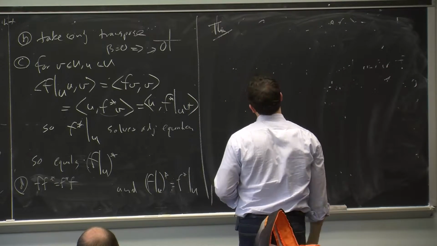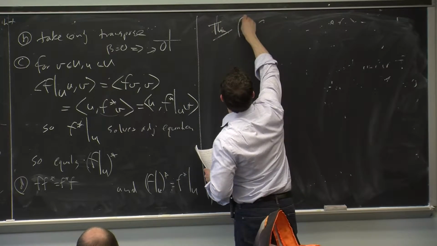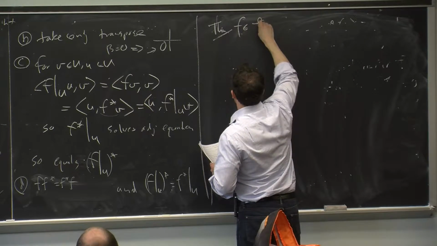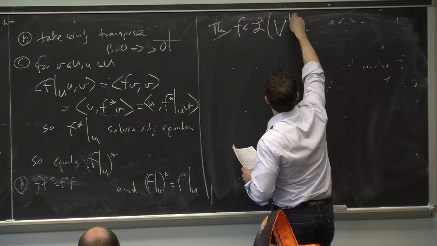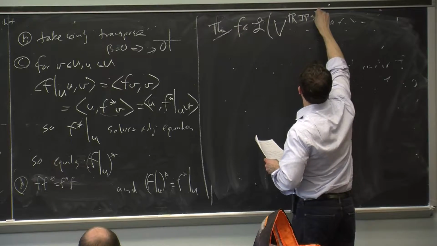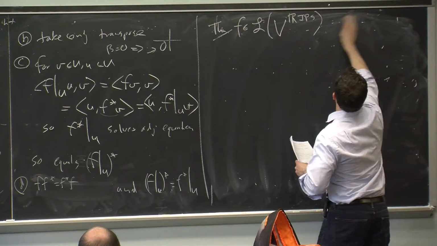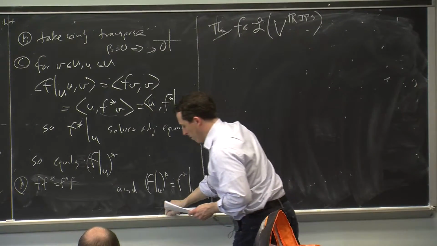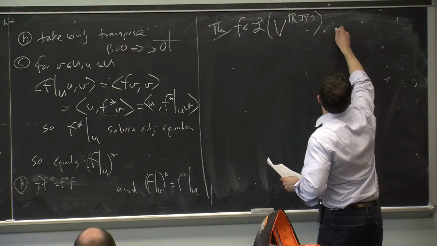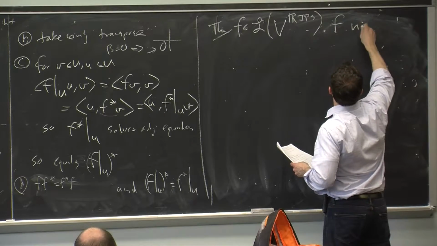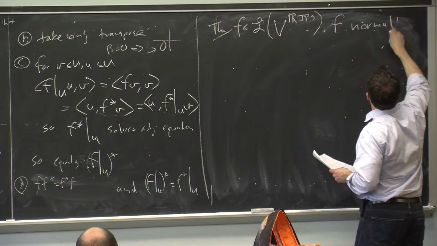Theorem. Suppose F is a linear operator on a real inner product space. So this is sort of an extension of the spectral theorem for the reals, or for the complex.